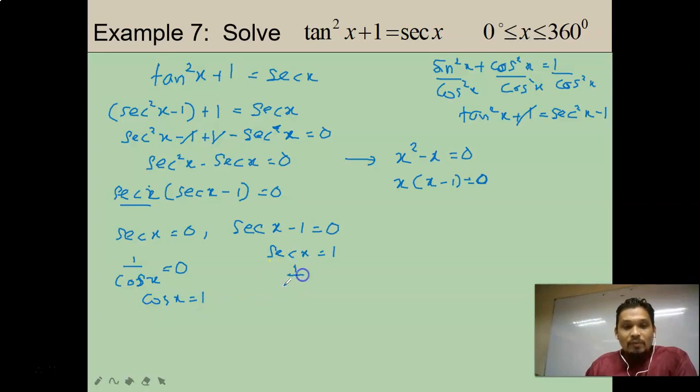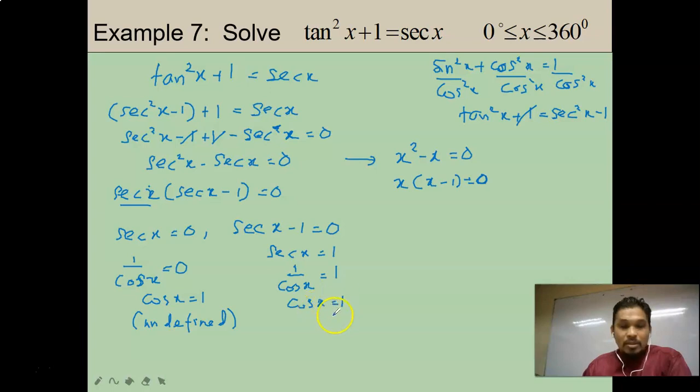And 1 over cos x equal to 1, so cos x equal to 1. For cos x equal to 0, 1 over cos is undefined.